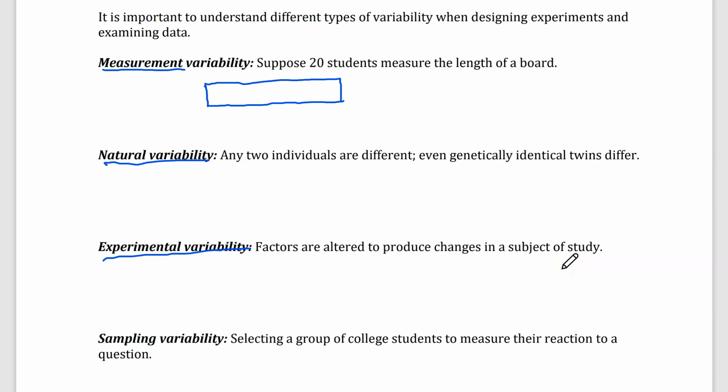Does the location actually change the experiment? Identical twins, their personalities, that type of thing, that's just in their genetics. They're different for a different reason, type of thing. Experimental variability, we are controlling something. We are looking at what's happening to these atoms.